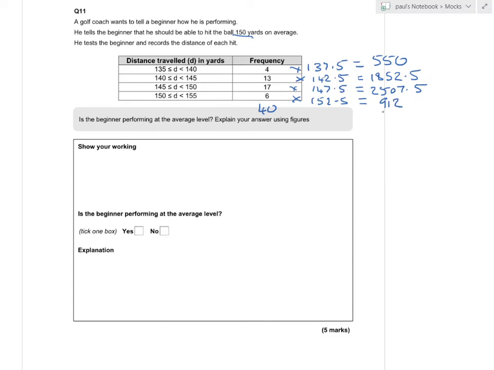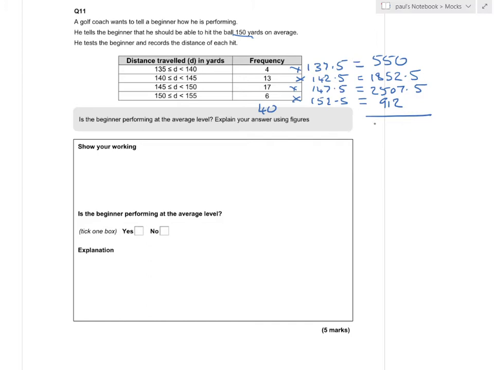So let's add all that lot up together. So we got 550 plus 1852.5 plus 2507.5 plus 912.